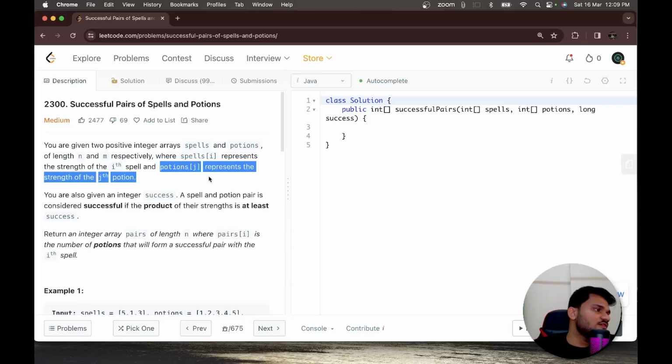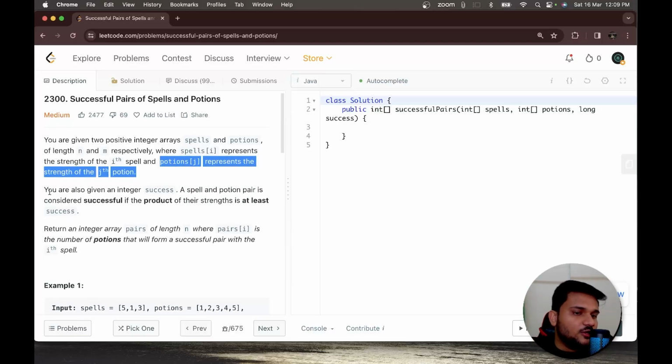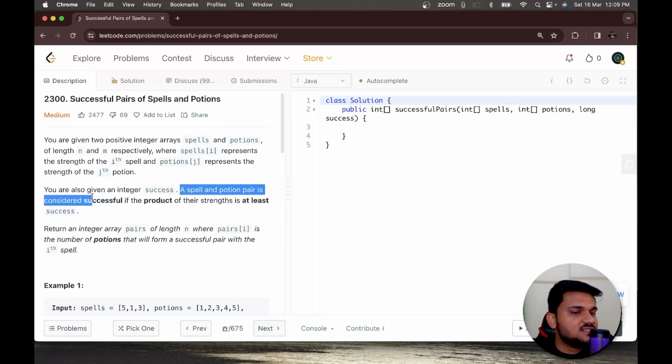If you have seen Harry Potter and everything, then there are spells and potions, right? Potions are like some kind of chemicals which have some magical powers, and a spell is like a set of magical words that you say and something happens. You are also given an integer success. A spell and potion pair is considered successful if the product of their strength is at least success.